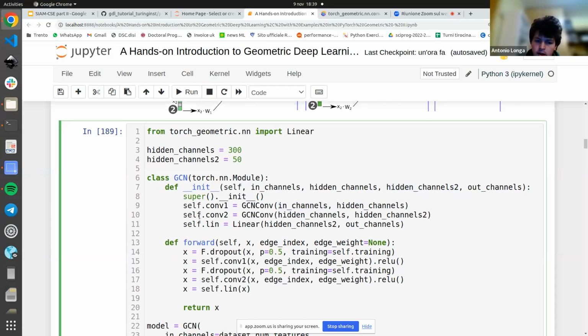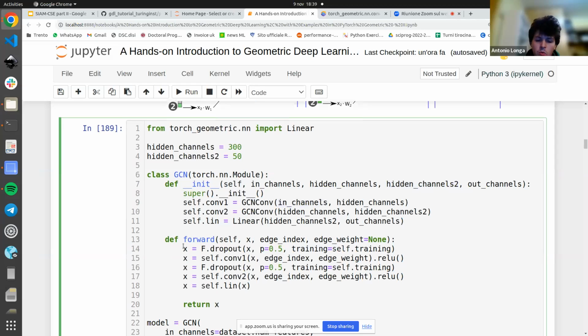So let's have a look here in the forward. Moreover, we are adding a dropout. What does it mean? It means that during the training, we are removing 50% of nodes to try to reduce the overfitting. Overfitting is the problem in which your machine learning model is not generalizing.